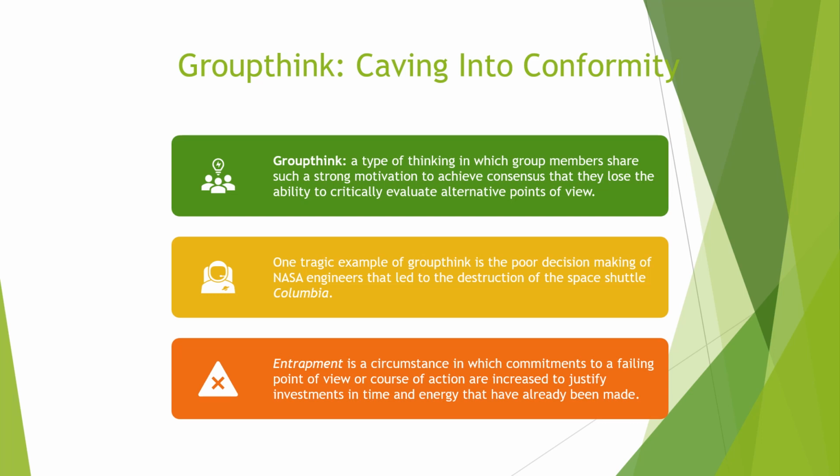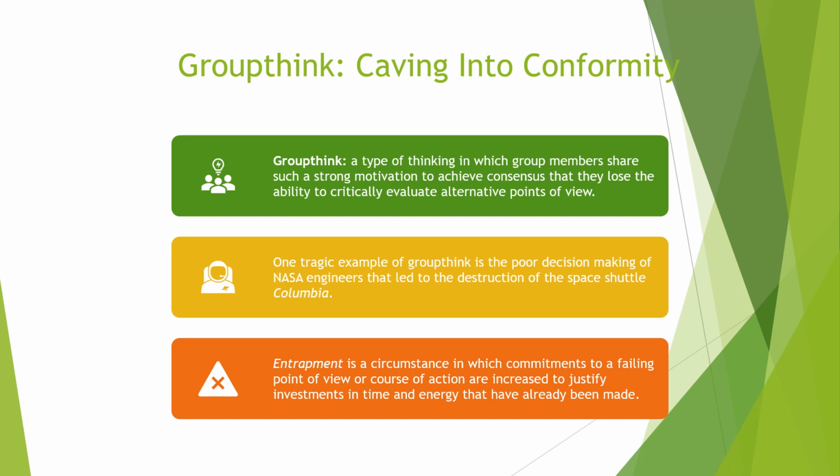So let's think about this. First off, the definition for groupthink: it's a type of thinking in which group members share such a strong motivation to achieve consensus that they lose the ability to critically evaluate alternative points of view. Because some people are so convincing and so overbearing in what they want to do, the group does not think things through critically.